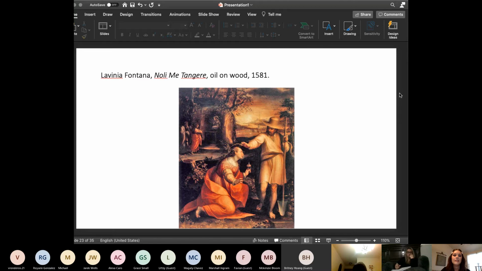So artists oftentimes will emphasize certain areas of the painting because that's what they want us to pay more attention to. And this is an example here of that happening.